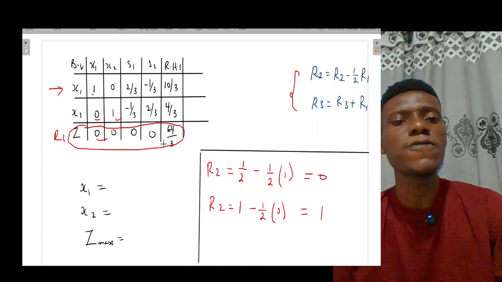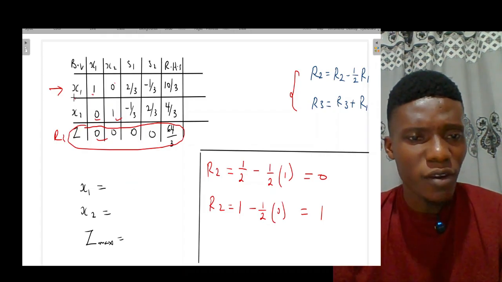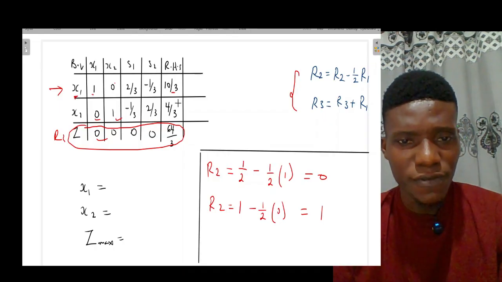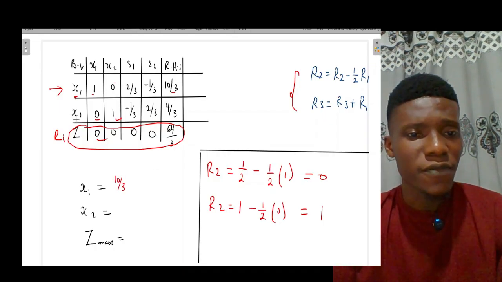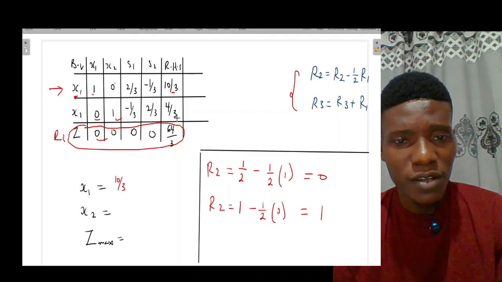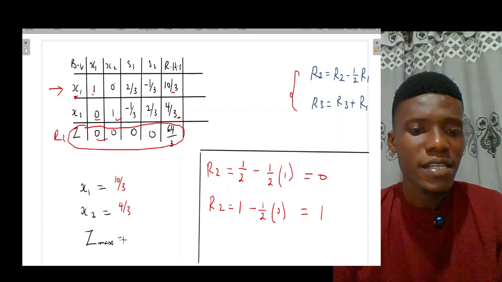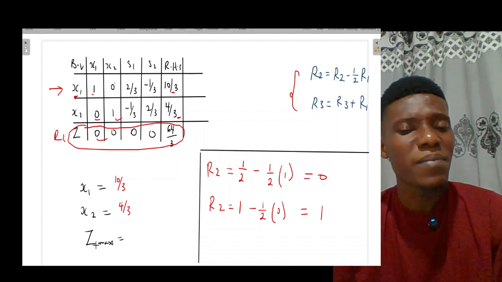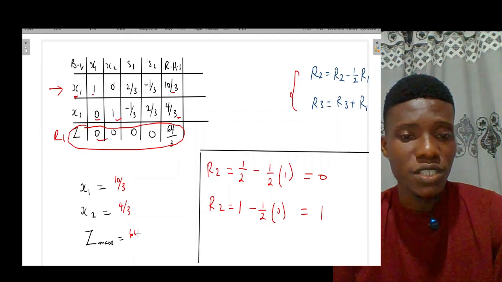So you don't need to move further. Then how do you identify the value of x1? The value of x1 is equal to the value on the right hand side, which is 10 over 3. The value of x2 is equal to the value on the right hand side, which is 4 over 3. And the value of z maximum now is 6 over 3, which is the value on the right hand side.